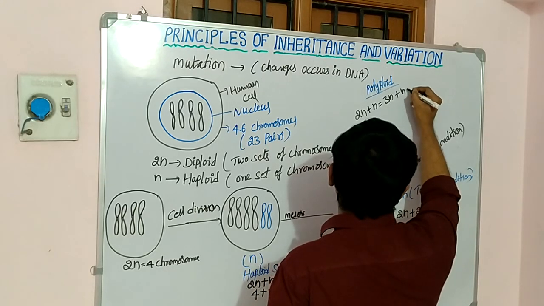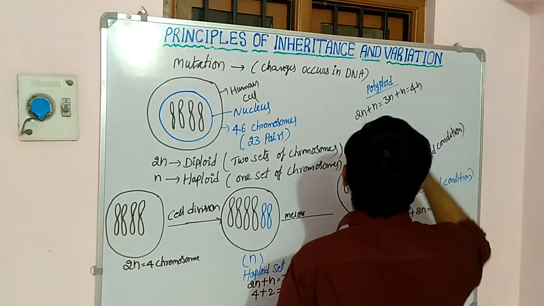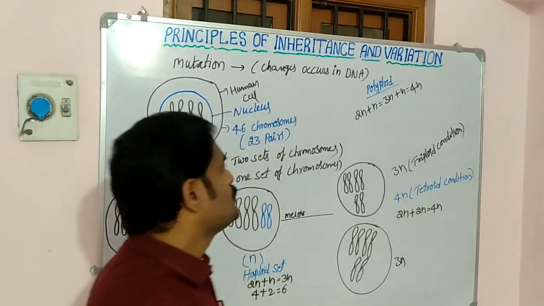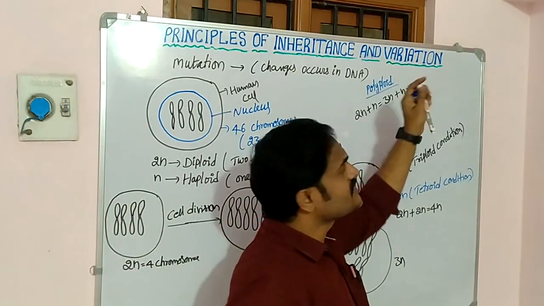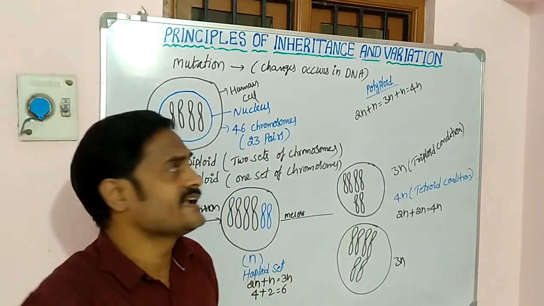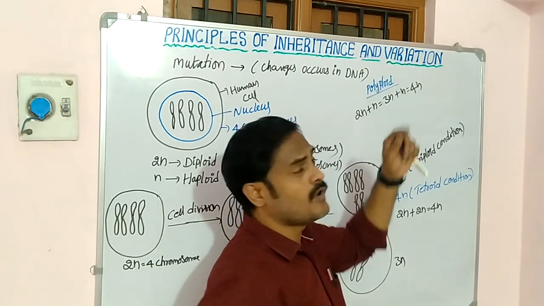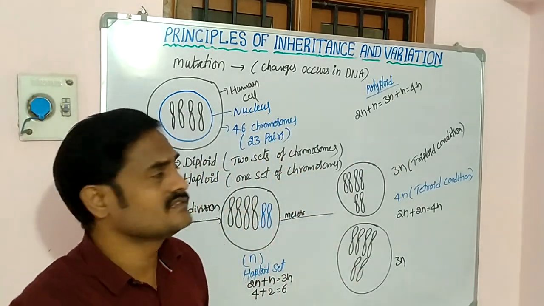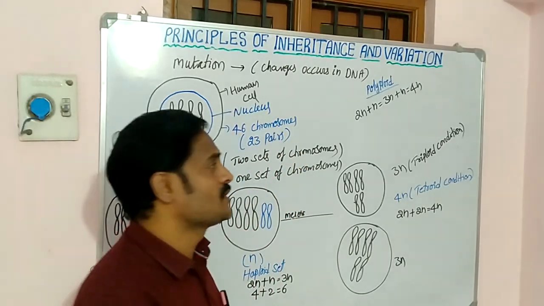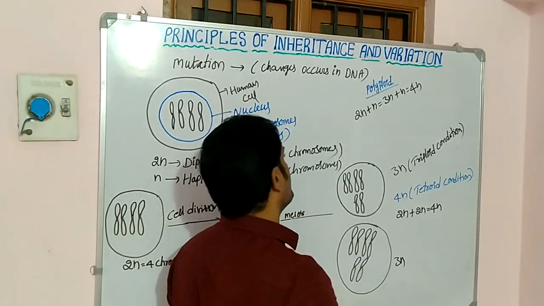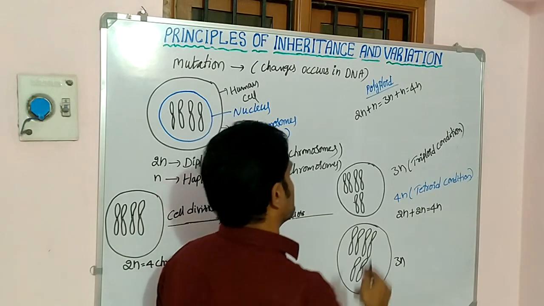Again 3n plus n equals 4n. Like this, 2n is converted into 3n and 3n is converted into 4n. This condition is called what? Polyploid.